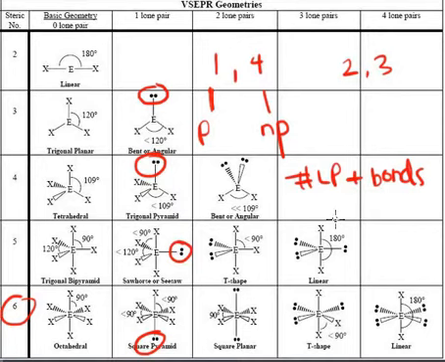For 3, it's 50-50. If it has a steric number of 5, then it's non-polar, but if it has a steric number of 6, then it's polar. So for 2 and 3, it's all up to looking at the steric number and figuring it out that way.